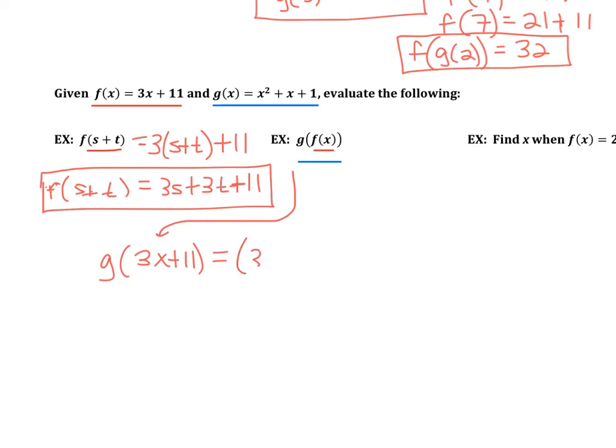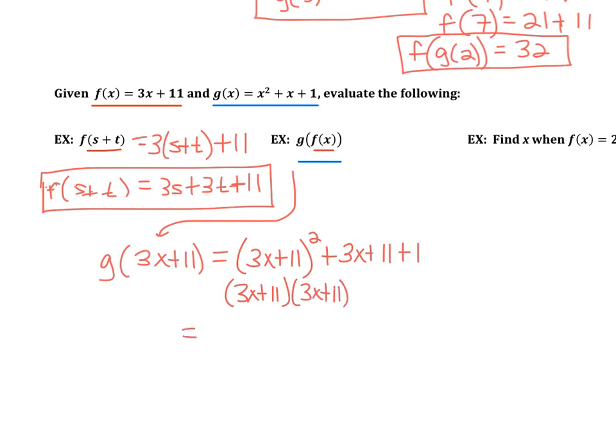So I'm going to take 3x plus 11, and I'm going to square it, and I'm going to add 3x plus 11 to it, and then I'm going to add 1. And yes, I am going to go through and simplify that. So remember, 3x plus 11 squared, don't forget, is 3x plus 11 times 3x plus 11. Just a little reminder right there.